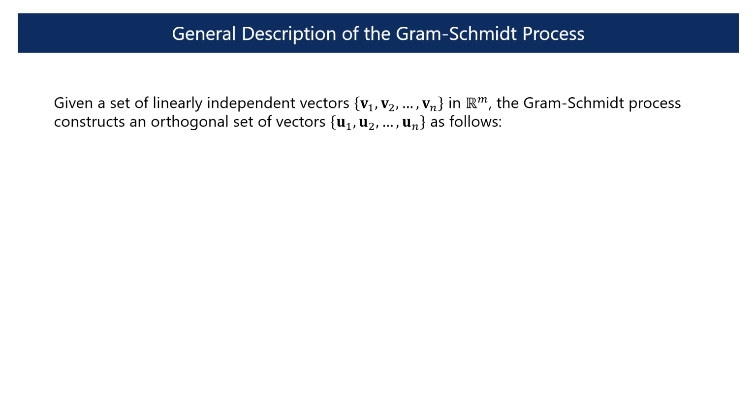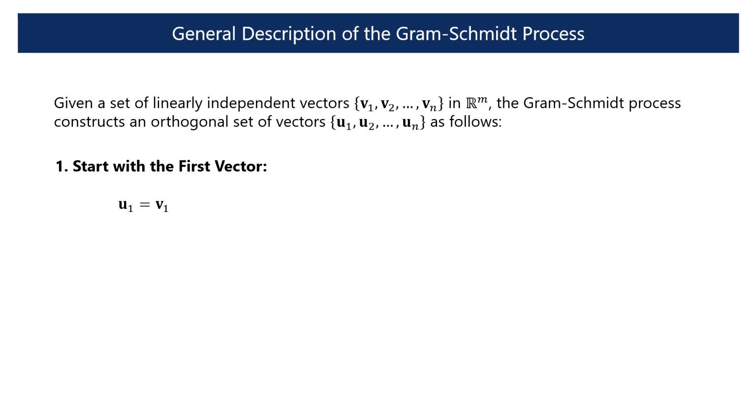Now, let's see the general description of the Gram-Schmidt process. Given a set of linearly independent vectors vi in Rm, the Gram-Schmidt process constructs an orthogonal set of vectors ui as follows. As the first step, start with the first vector.